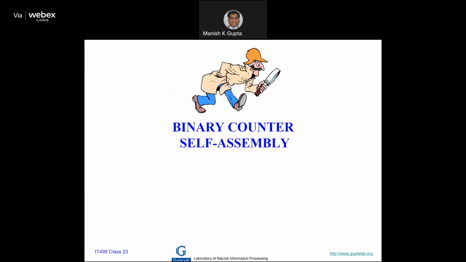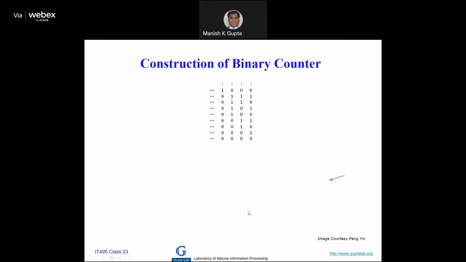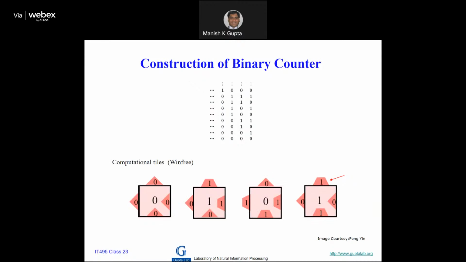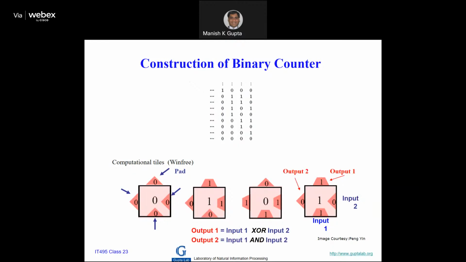We were looking at this binary counter. You know that in order to construct this binary array, which is the binary expansion of numbers 0, 1, 2, 3, 4, 5 and so on, and it's unbounded, I gave you the solution, but the question is how to find this solution.